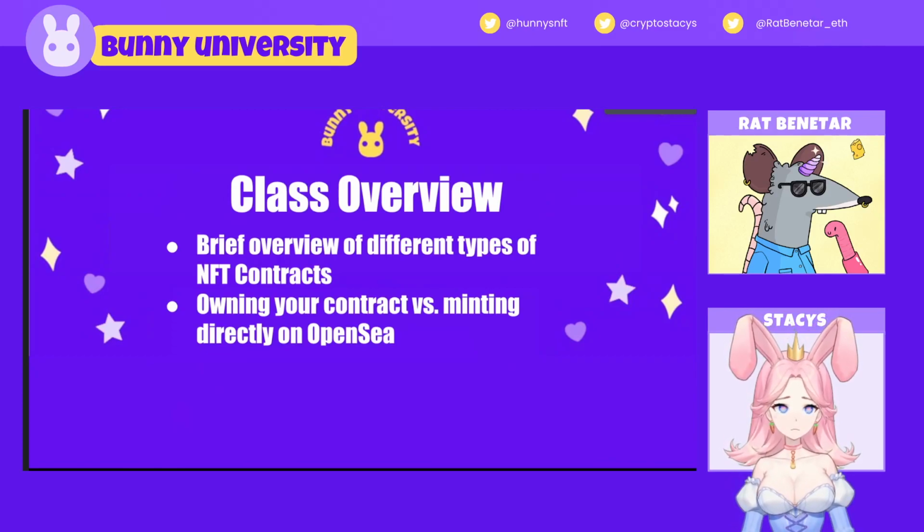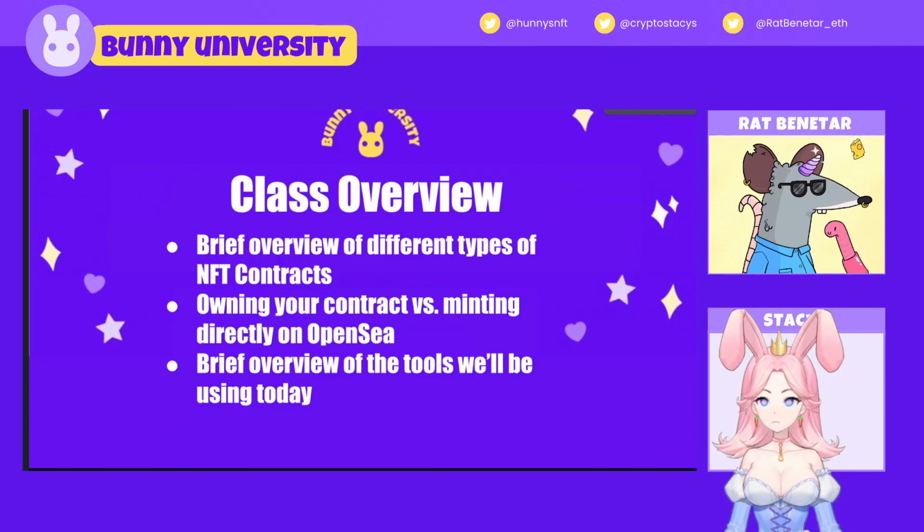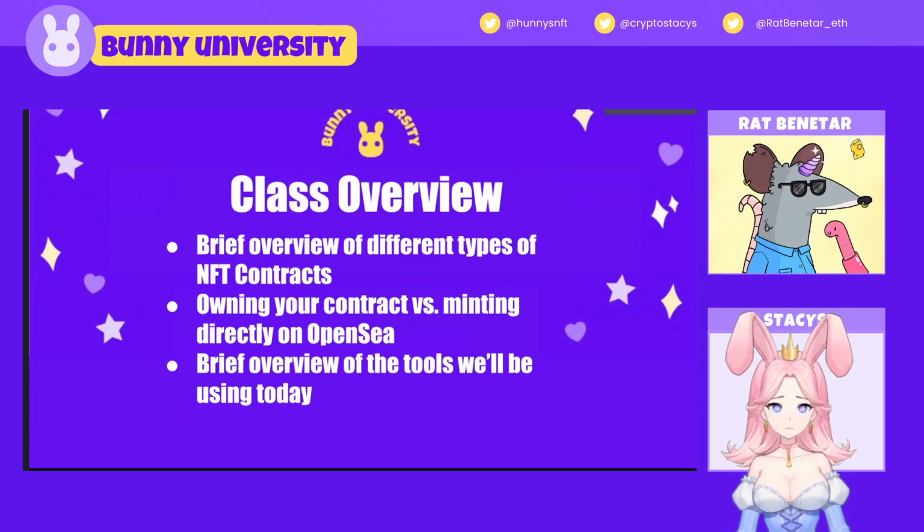We're going to talk about some quick pros and cons there. And then we're going to briefly review the different tools that we'll be using today. Again, this slide deck and all the different notes that we're going to be covering will be available right after class, so don't feel the need to screenshot or write anything down. All this information is here for you.